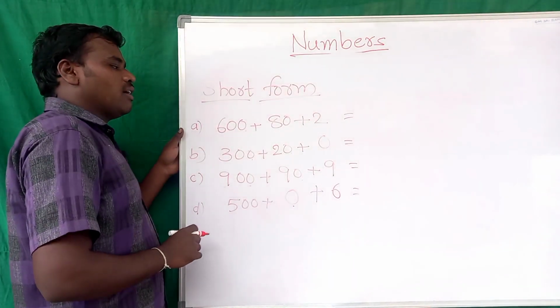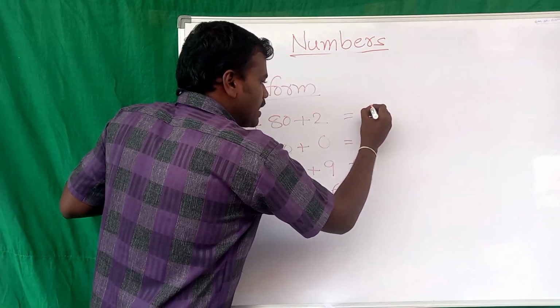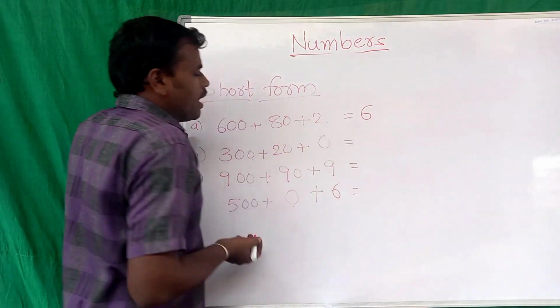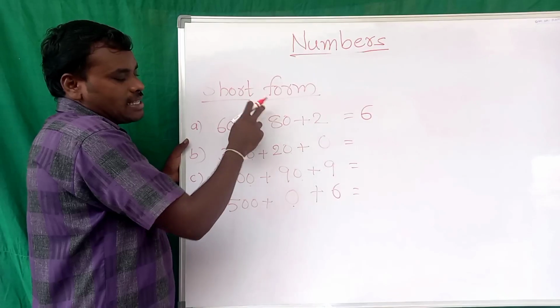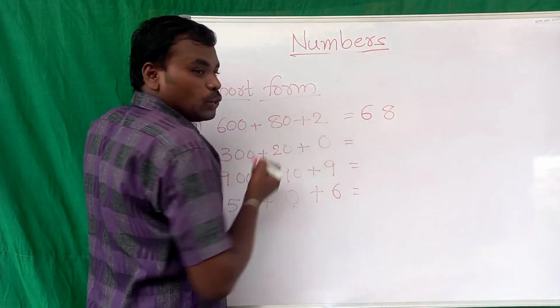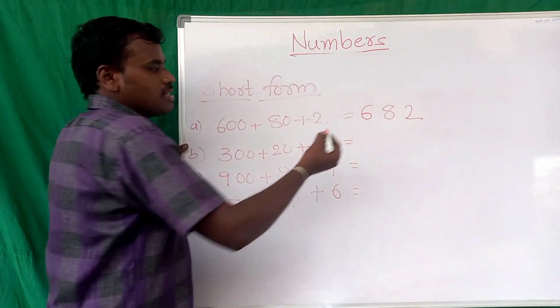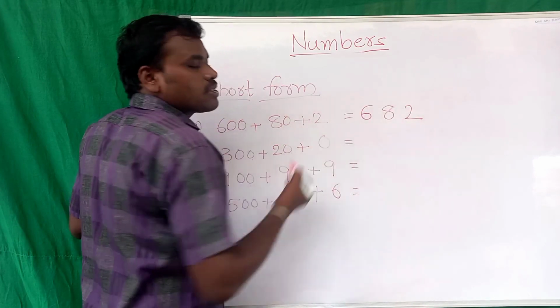So 600: write 6 in the hundreds room. 80 is 8 tens, so write 8 in the tens room, and 2 ones, so write 2 in the ones room. This is 682, the short form.